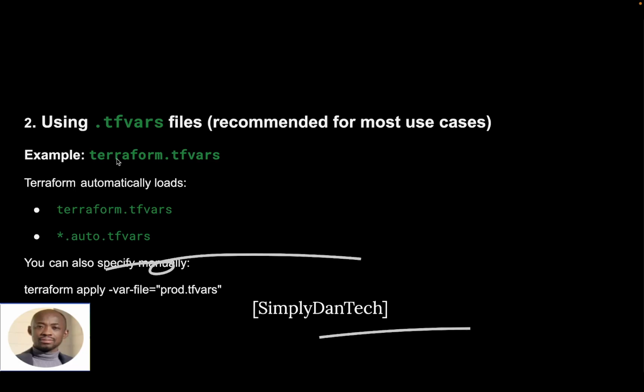So this terraform.tfvars will automatically be loaded. For prod.tfvars or any other file name, you have to specifically give the name of the file before Terraform can go off and read that. Okay, so that's the difference.